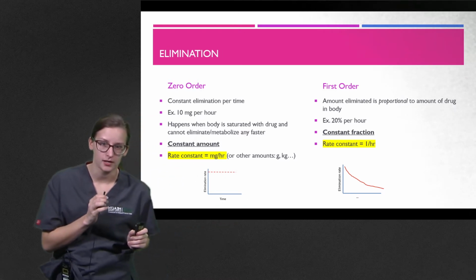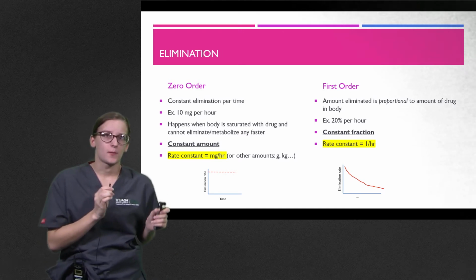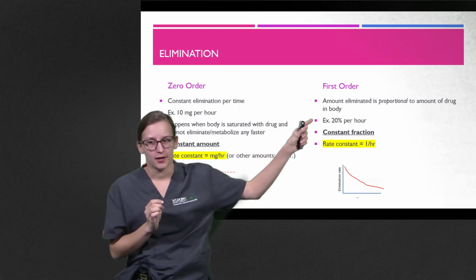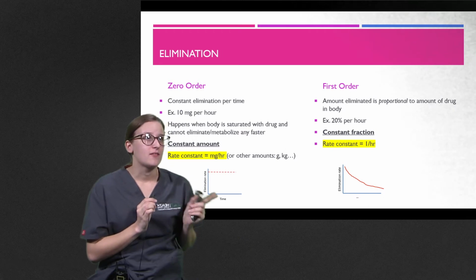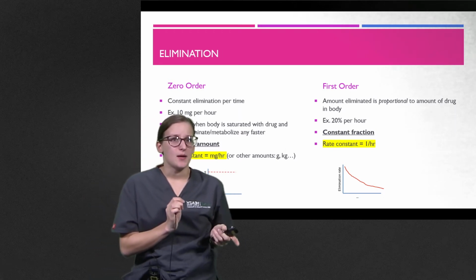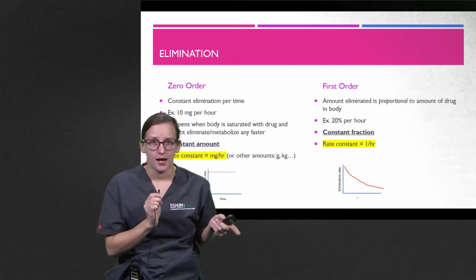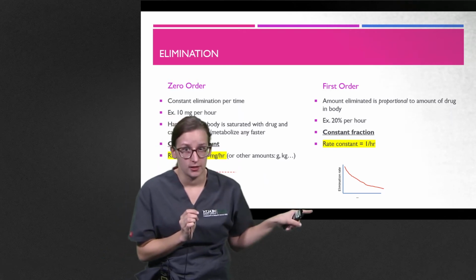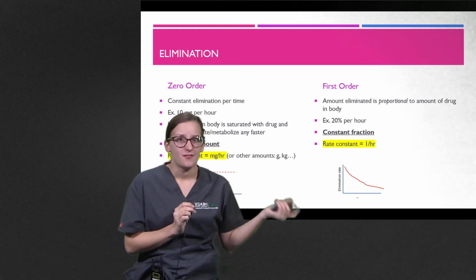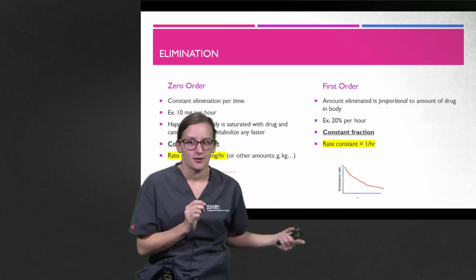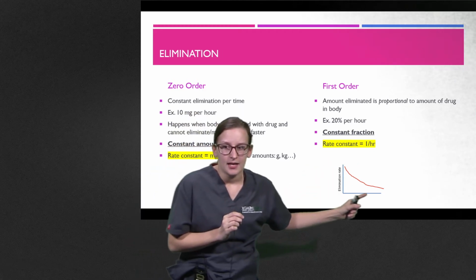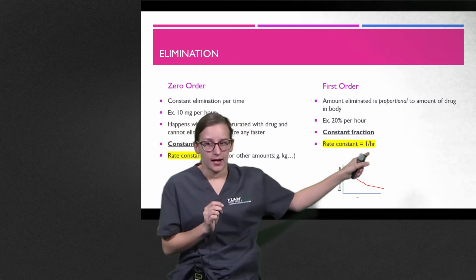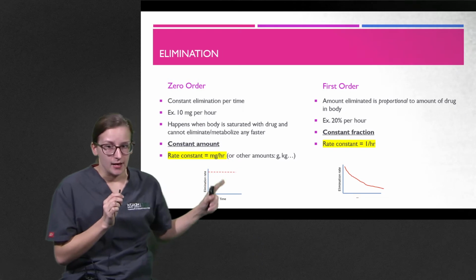Whereas first order is more of a proportion, like I'm going to lose 20% per hour. So if I have 100 milligrams in my body at time zero, in 1 hour I'm going to have 80 milligrams because I lost 20 milligrams. And then you do 20% of 80, and then 20% of that, etc. So the rate is like 1 over hour versus a set amount.